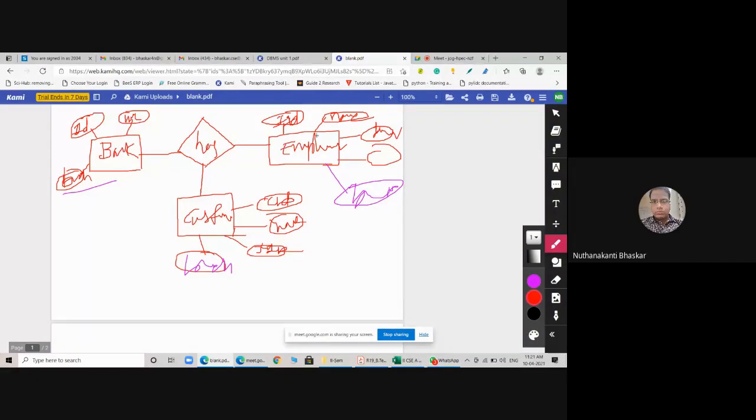Manager manages employees, and manager manages customers. Exactly. Good one. But everywhere you need to write attributes, and that common attribute is required.